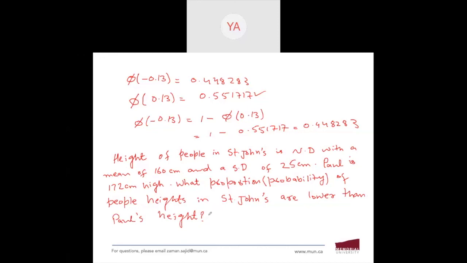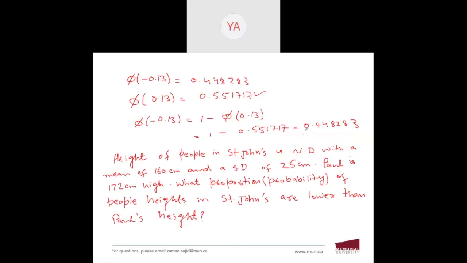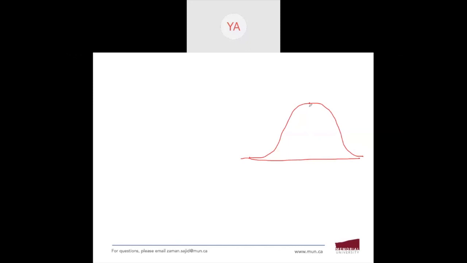Okay, folks, I need to go on the next slide, please. Now, let's draw this and visualize what the problem is here. So this is, for example, the normal distribution curve of this problem. He's saying that the mean is 160. So in the middle here, this is 160 centimeter.